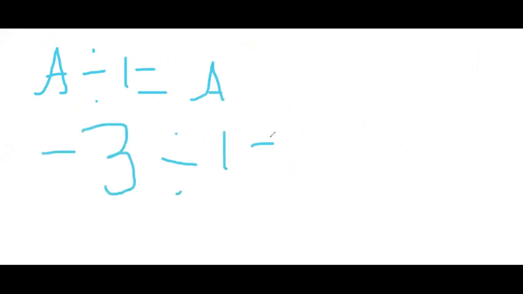Now we have the property of 1 again over here. Any number divided by 1 is the number itself. So minus 3 divided by 1 is minus 3, and the same with 7 divided by 1 is 7.